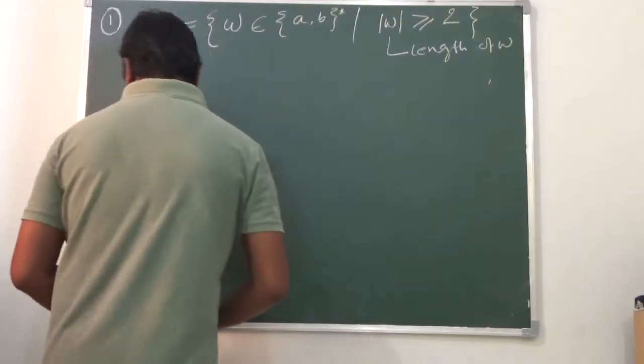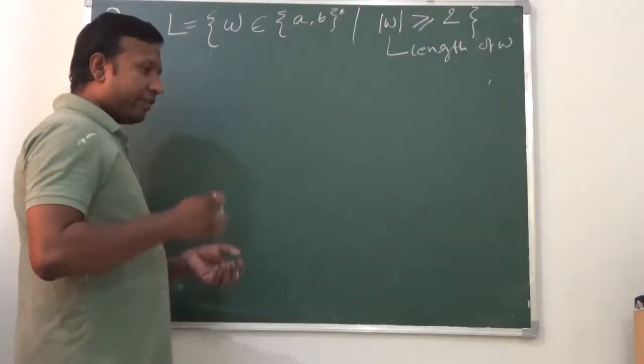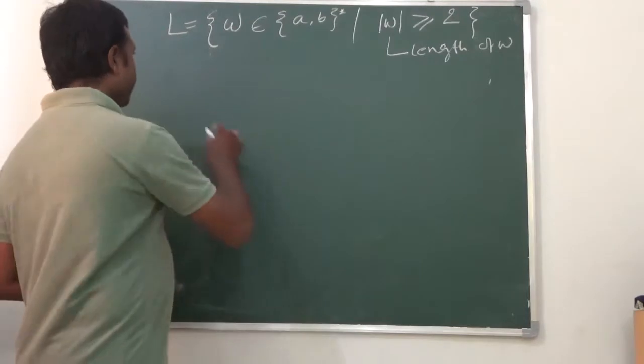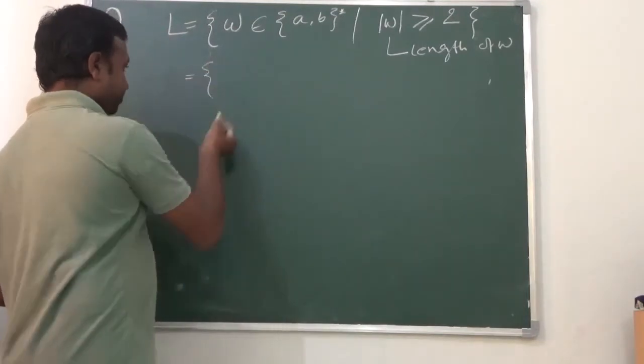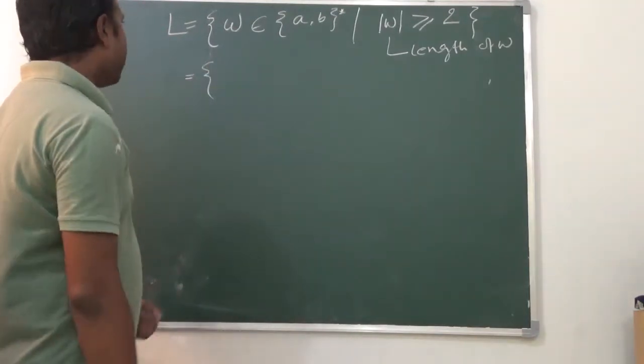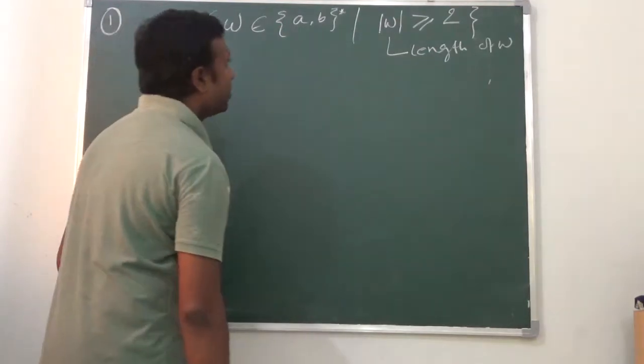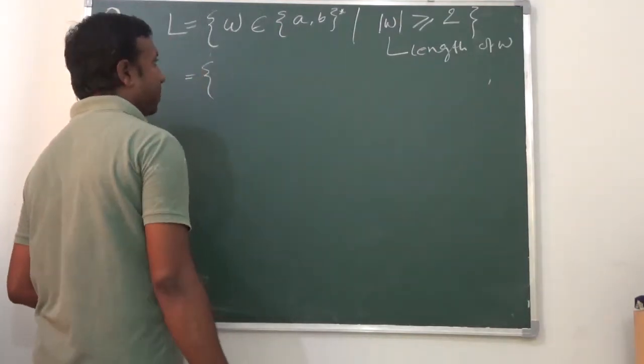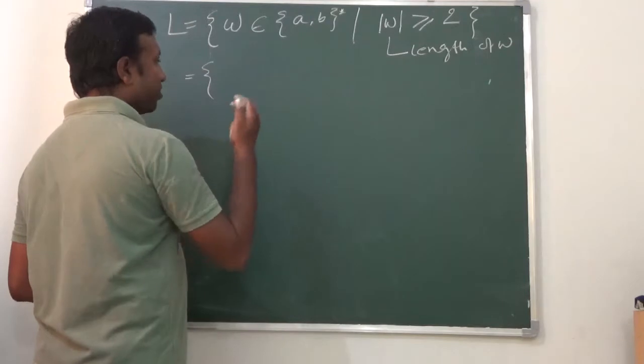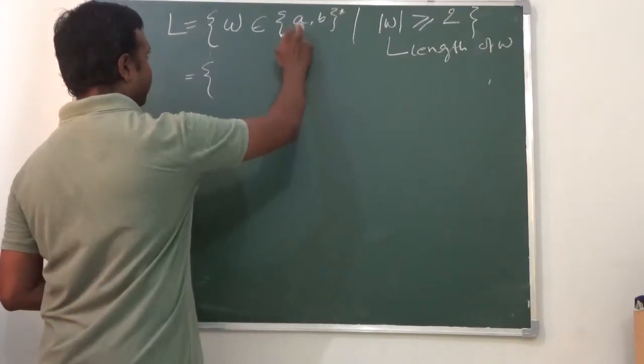Okay. So what do you mean by greater than or equal to 2? If you try to write it in a set form, I must write all the strings from {A, B}star.